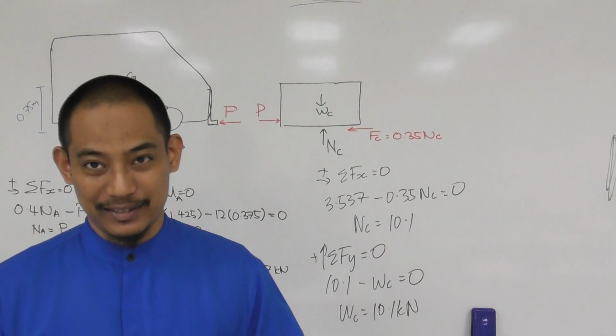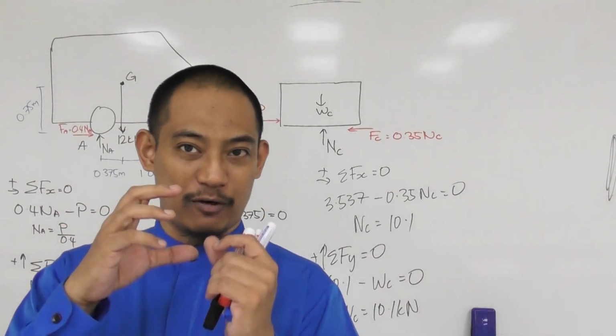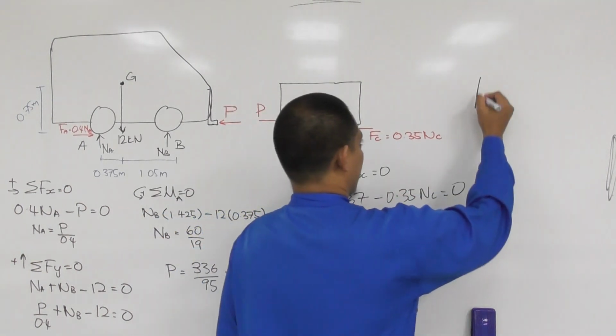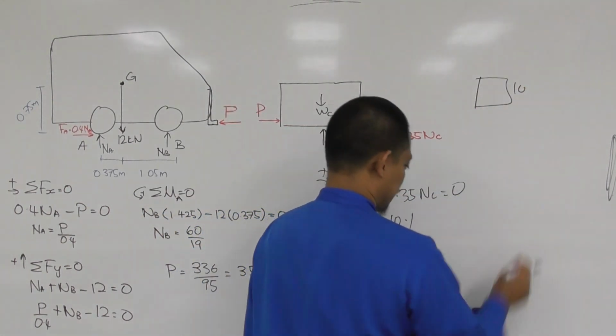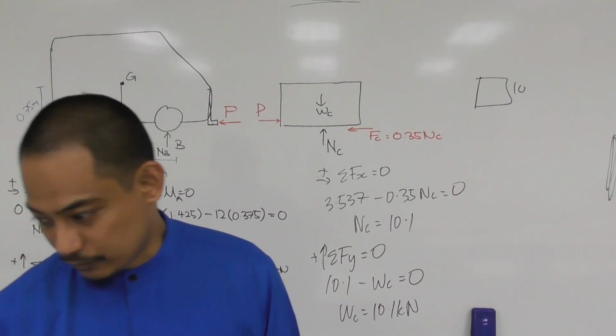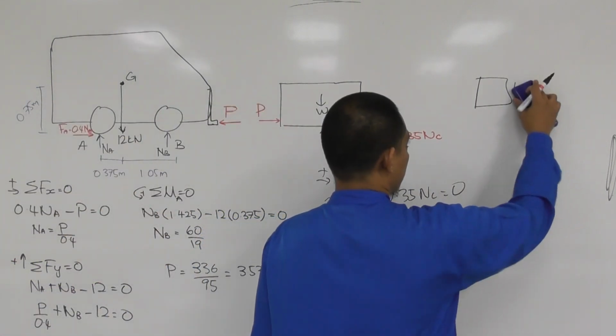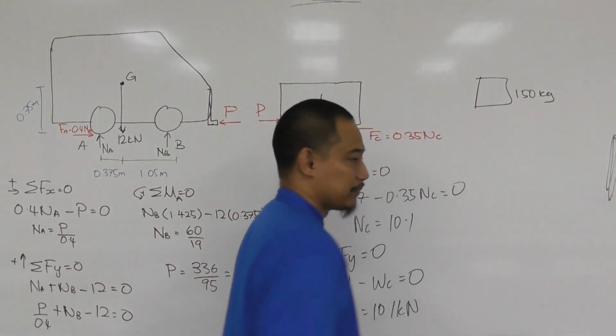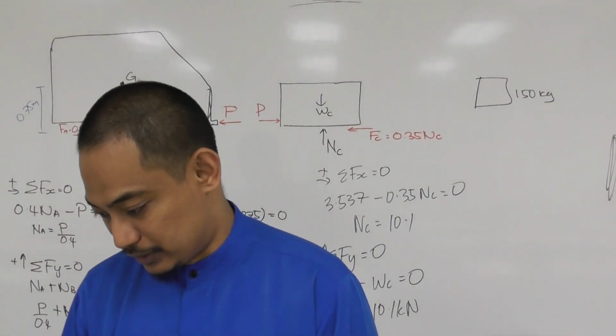so what is the question again? The question is, what is the maximum number of crates that it can push? We already have the information that each one is 150 kilogram.